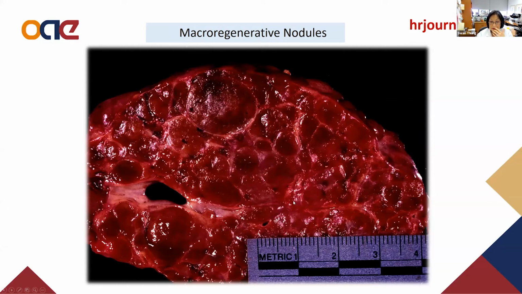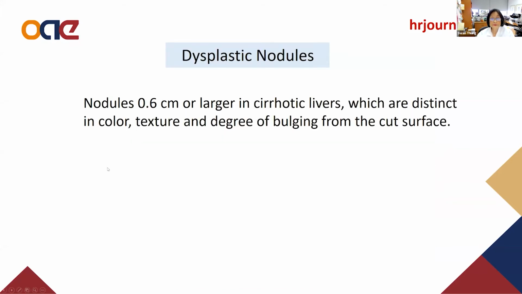They are not necessarily pre-neoplastic, and that's why HCC in autoimmune hepatitis with cirrhosis is not very common.